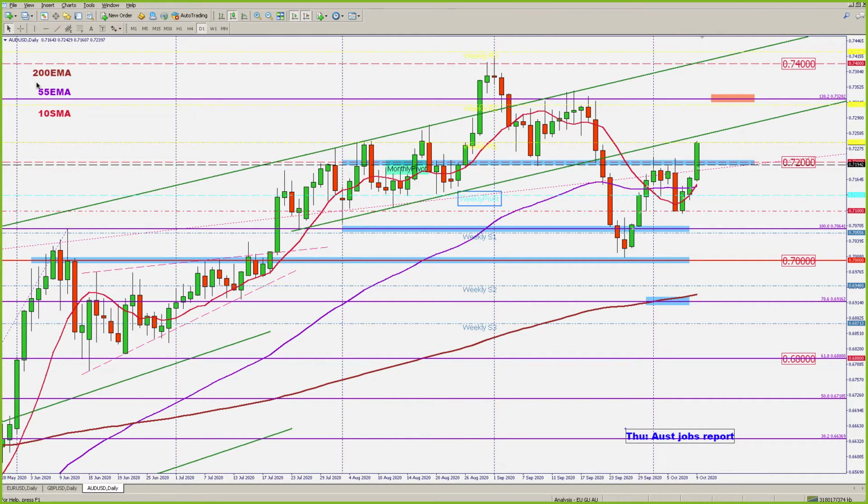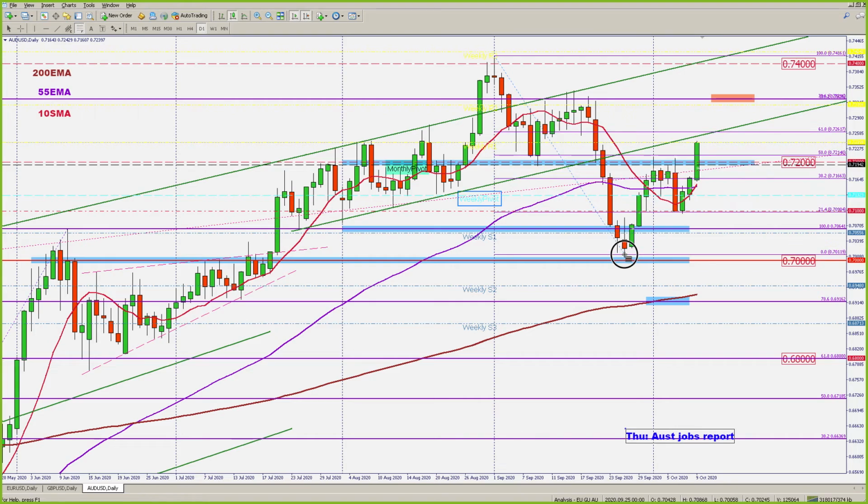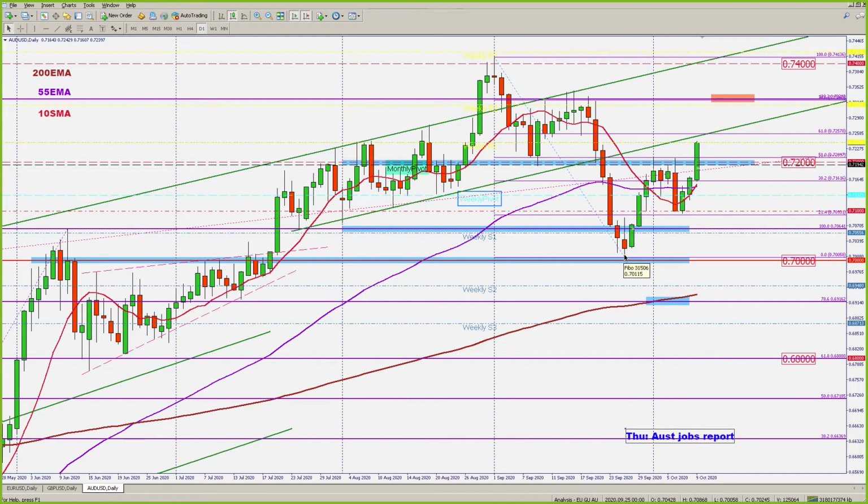We can also add a Fibonacci of this swing move, from this move down to this swing low, and there is confluence here at the 78.6, and it has just crossed the 50% retracement level.